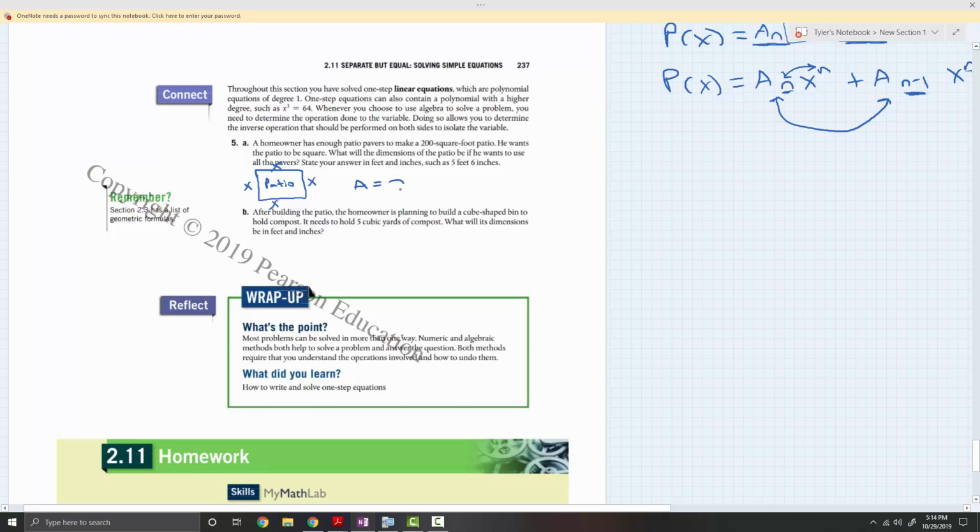But I want the area of the patio to be 200 square feet, right? Because that's what I have enough pavers to make, right? So it says, what will the dimensions be if we want to use all the pavers, right? So we want to try to use all the pavers that we can, but how can we come up with a way to figure out what x would be essentially, right?